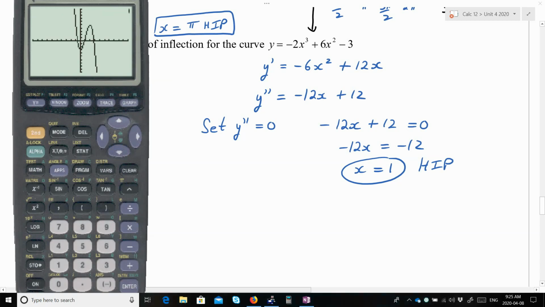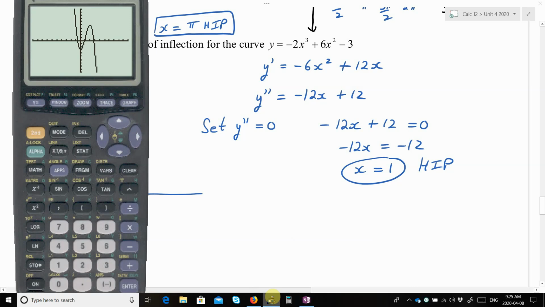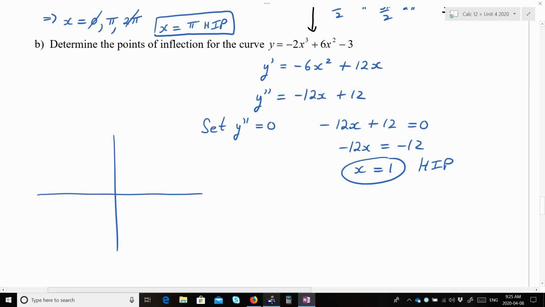And you see it's a negative cubic. And so if I do a quick sketch, looks like it's doing something like this.